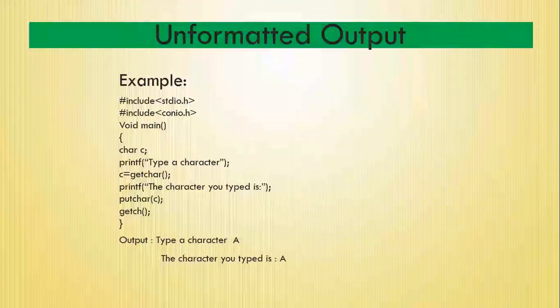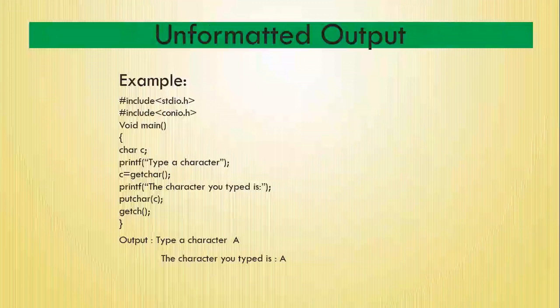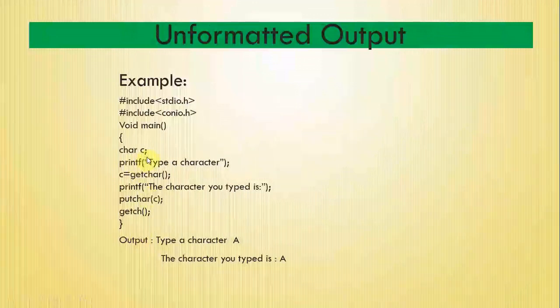Then void main, that is the beginning of the program. I have taken one character type variable, char c, and print a message: type a character. When you execute the program, it will prompt you to type a character.